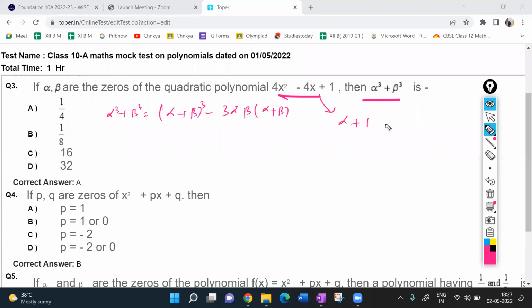From this, alpha plus beta is minus b by a, so 4 by 4, which is 1. Alpha beta is c by a, so 1 by 4. Correct? So 1 minus 3 times 1 by 4 into 1. Yes, sir, 1 by 4. Option A is correct. Very simple. Isn't it? Clear? Hope it is clear.